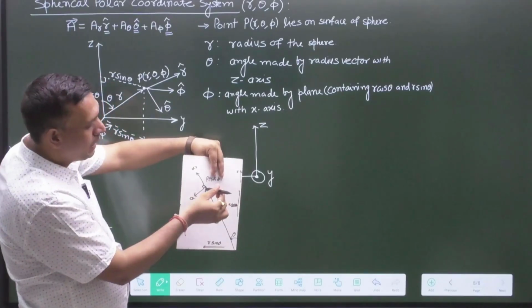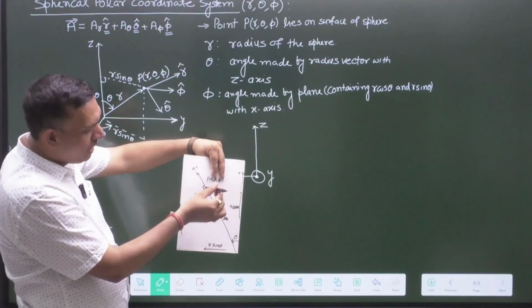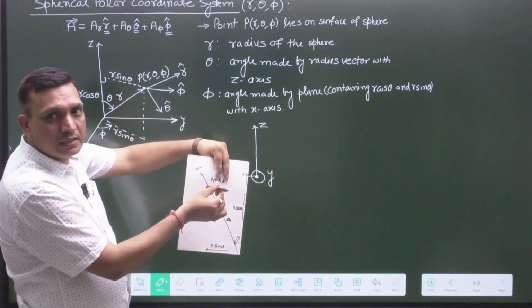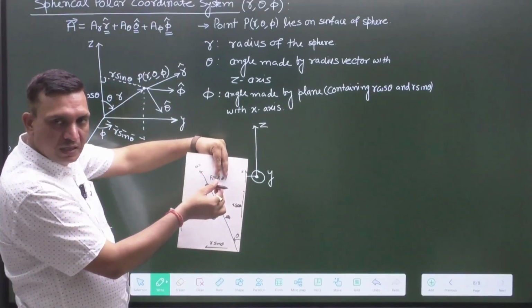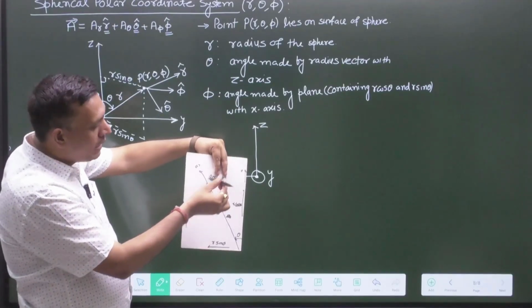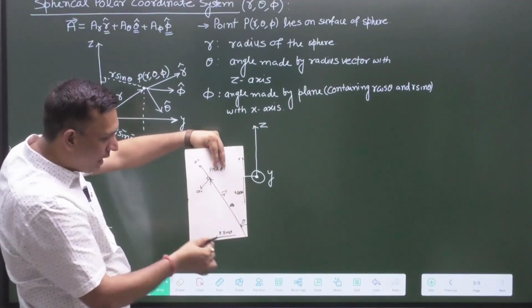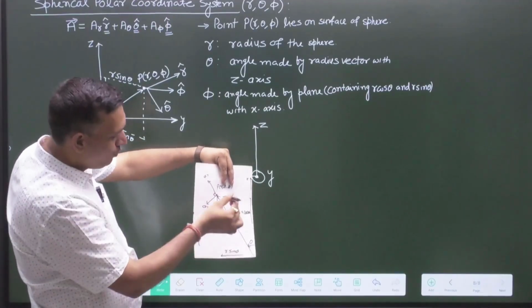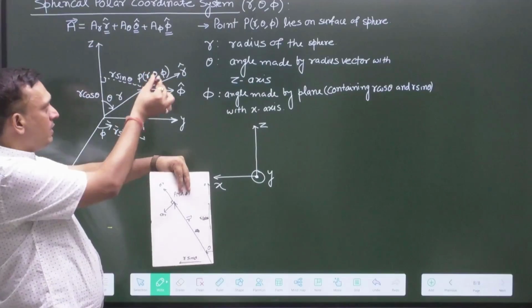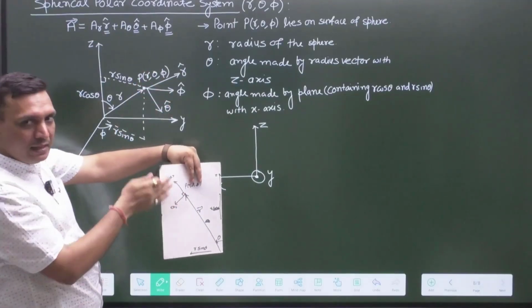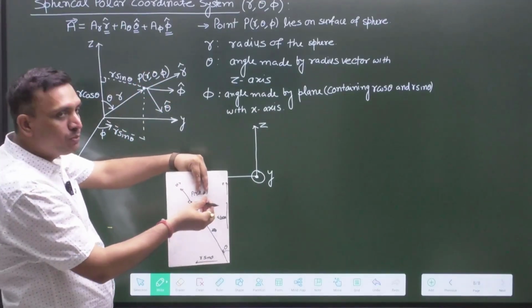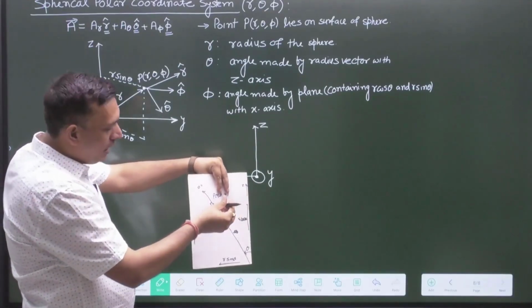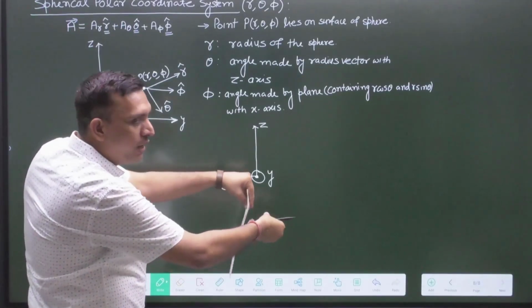And now you can visualize r cap, theta cap, phi cap, they are perpendicular to each other, just like x cap, y cap, z cap. Is it clear? Now you can visualize that r cap, theta cap will lie in this plane, but phi cap is perpendicular to this plane. If the plane moves in phi cap, phi is increasing.